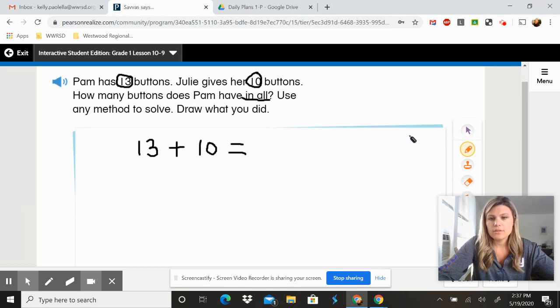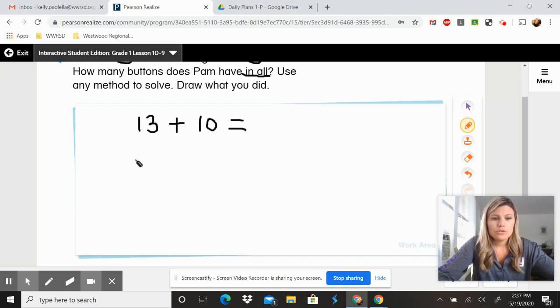Use any method to solve. Draw what you did. Okay, so I could draw this, right? Make 13, there's my 10. Here's my 1. And then another 10. Okay, 10, 20, 21, 22, 23. There's one method that we could have used, right?